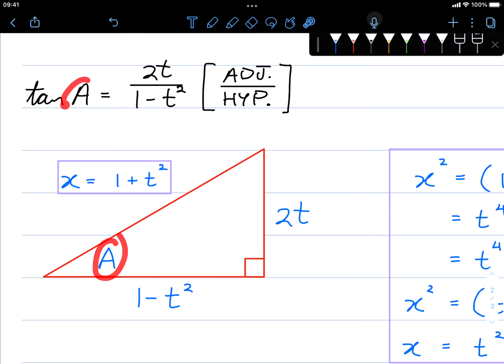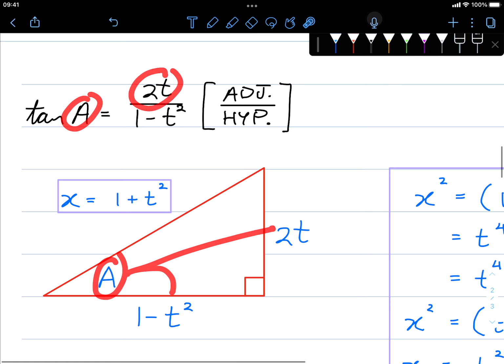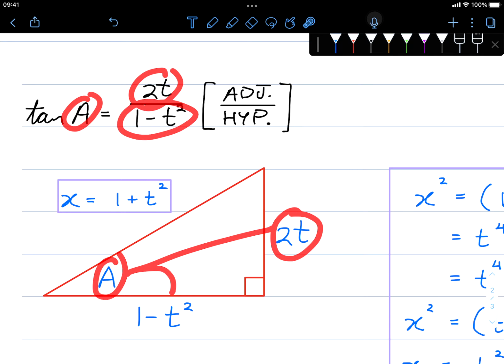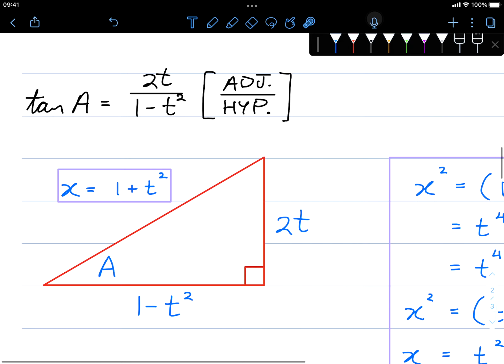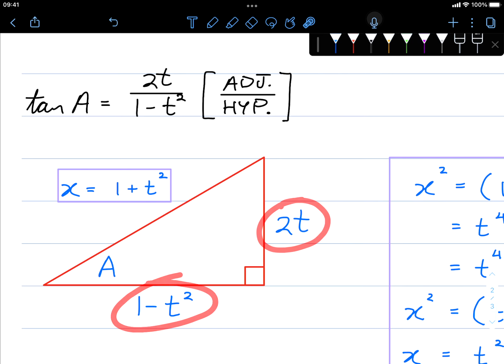From the given angle A, adjacent over hypotenuse, 2t over 1 minus t squared. Now from here, initially, this is just x. We don't know what it is just yet. But I'll show you how we can find that length there, 1 plus t squared. In short, it's Pythagoras Theorem using these two values.